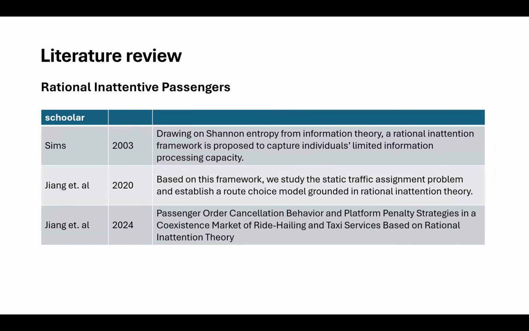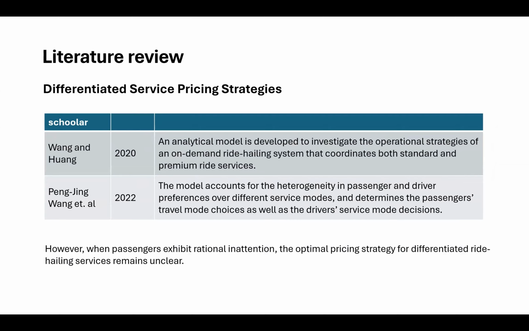Some scholars have added the concept of rationality to ride-hailing pricing. In 2022, Wang addressed the issue of heterogeneous preference among both passengers and drivers for different service tiers, and modeled the joint choice behavior from both sides of the platform.